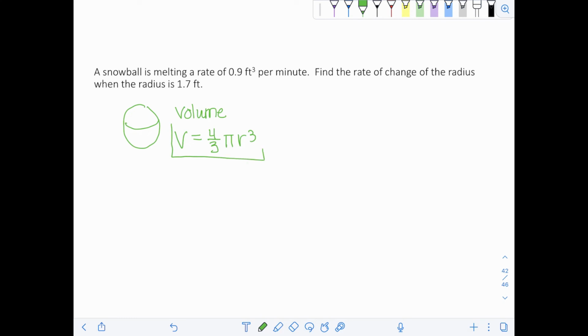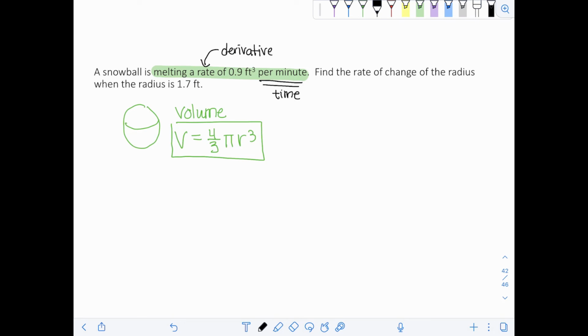This is not a formula that you would need to memorize for the exam, but I just want to show you some examples where you can use the geometric formulas and then apply related rates. So this is our formula for volume. It says the snowball is melting at a rate of 0.9 feet cubed per minute. So it's this per minute that's telling us that we're dealing with this implicit variable time, and the rate is telling us that we're talking about a derivative.